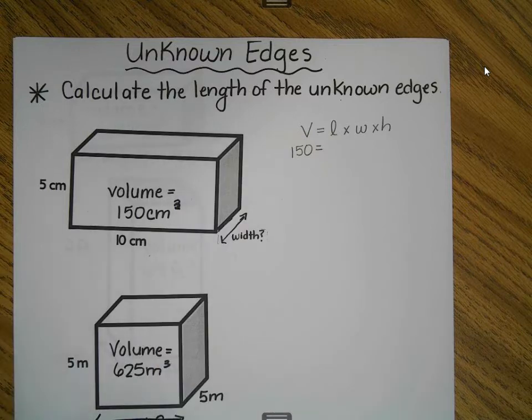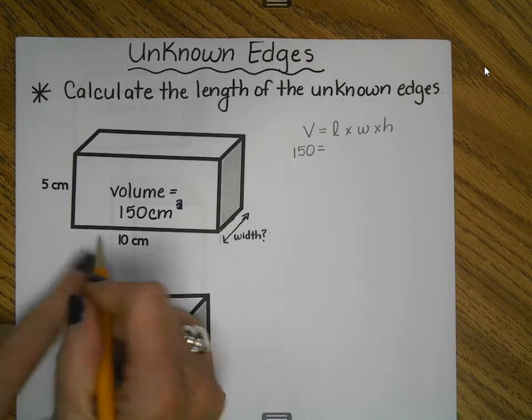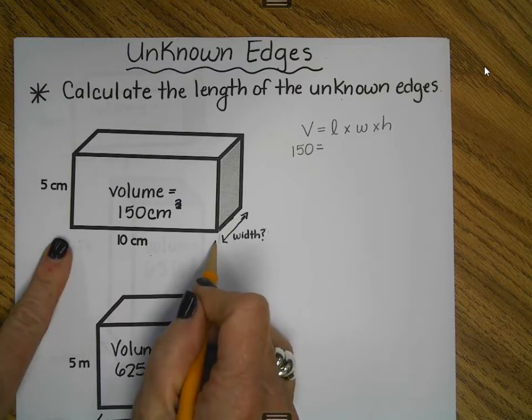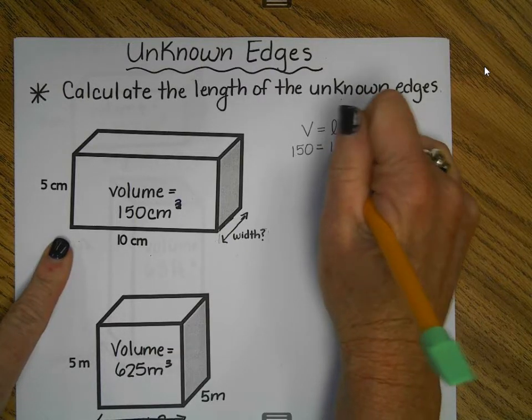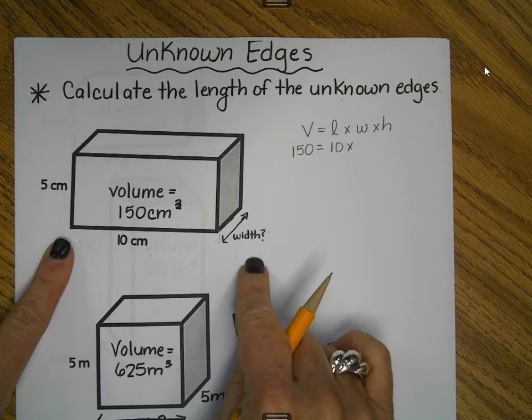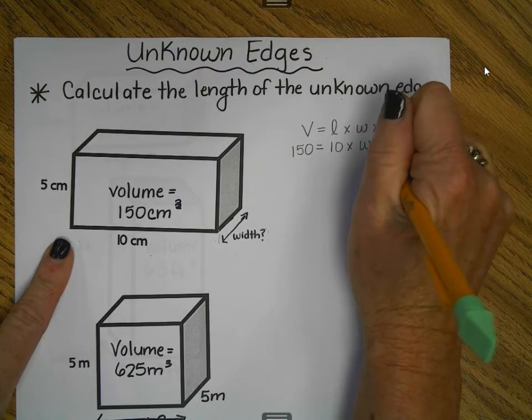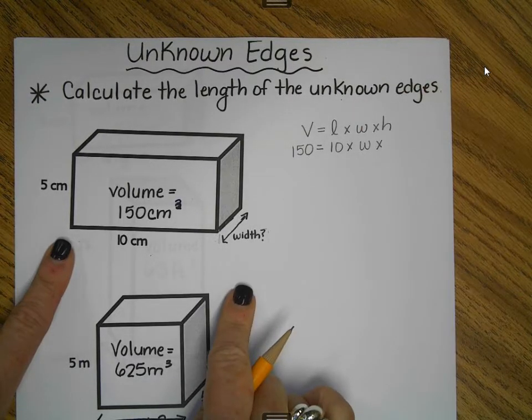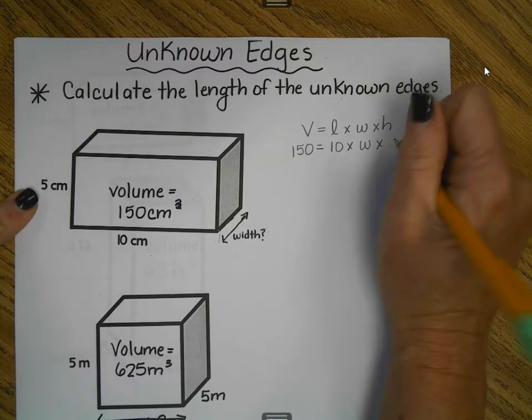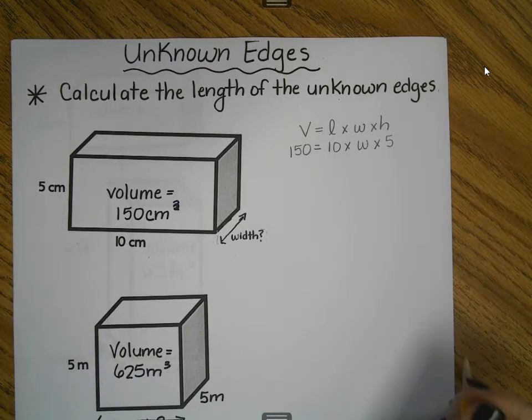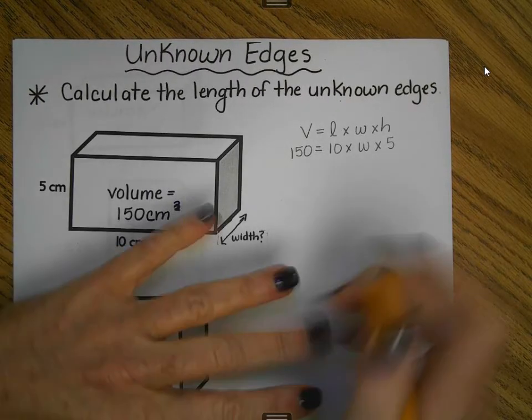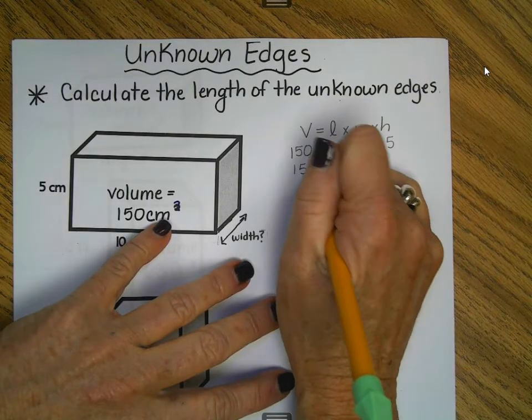All right, and then I have the length across the front, corner to corner, 10 centimeters. I don't know the width, so I'm going to leave that W. And I do know the height, top to bottom, 5 centimeters. All right, so right now, I still can't solve anything.